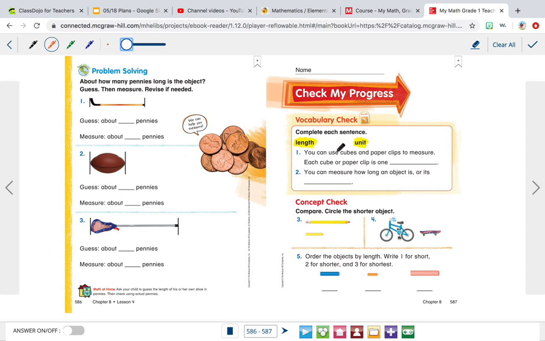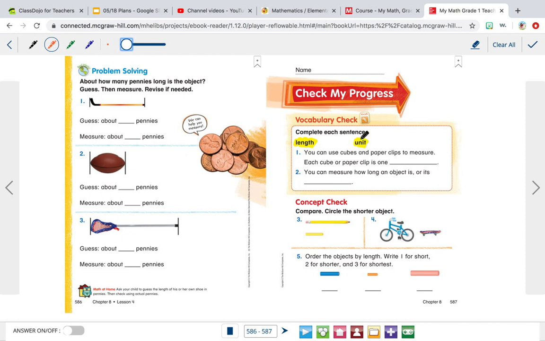You can use cubes and paper clips to measure. Each cube or paper clip is 1 length, or each cube or paper clip is 1 unit. Which one makes more sense? Now remember, when we used blocks to measure, did we say each block is 1 length or each block is 1 unit?